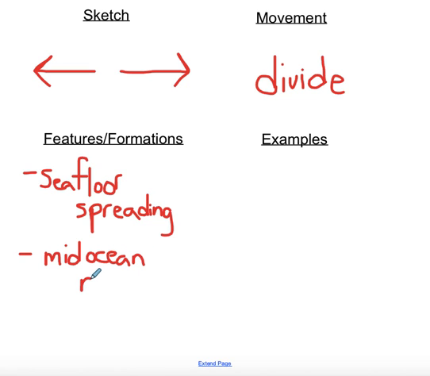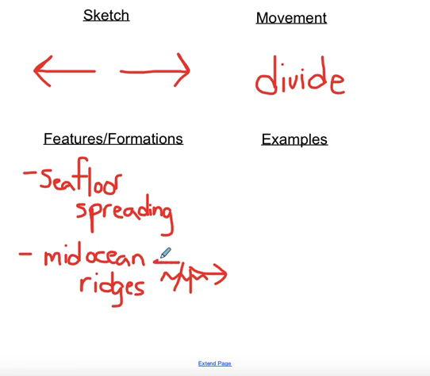Mid-ocean ridges are sort of like underwater mountain ranges. It's where underneath the ground it ends up being kind of spiky like this, and that is because the magma will come up and it'll create new crust, and then it'll spread apart.